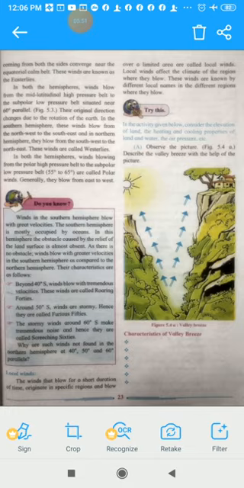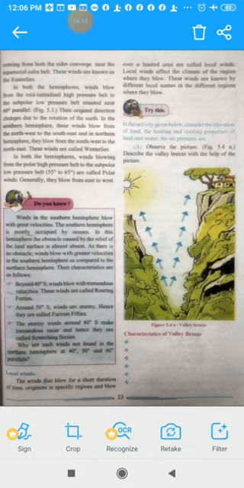Now let us see how they change their direction. Their original direction changes due to the rotation of the earth. In the southern hemisphere, these winds blow from the northwest to the southeast, and in the northern hemisphere they blow from the southwest to the northeast. So you can see in both the hemispheres they are changing from west to east.